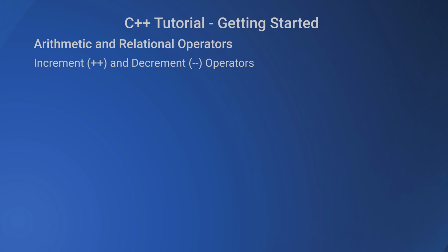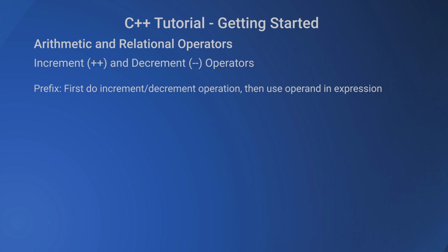There are two special operators, increment and decrement. The increment operator adds 1 to the operand while the decrement operator subtracts 1 from the operand. Both can be used as either prefix or postfix to the operand. In case of prefix, first the increment or decrement operation is done and then the concerned variable is used in the expression.